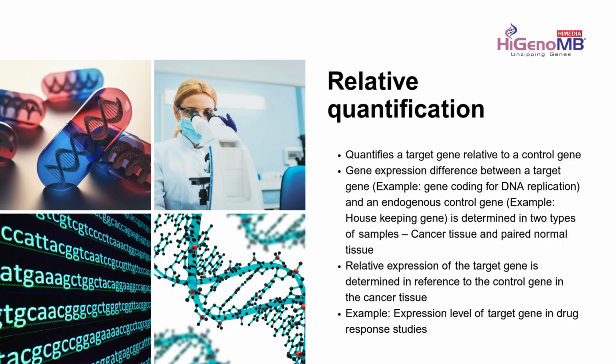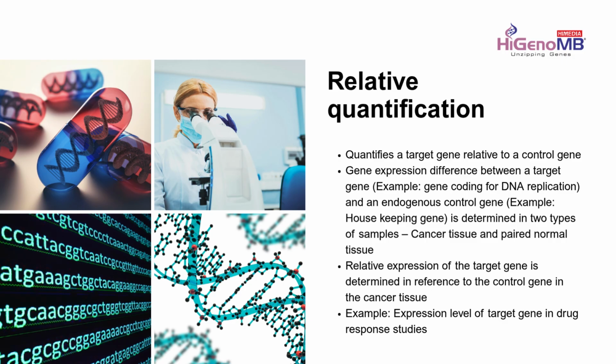Meaning, if you have a cancer tissue and a normal tissue, you want to study the expression of a particular gene of interest, a particular gene expression difference between cancer tissue and a normal tissue. To study that, I am going to select a control gene. With reference to this control gene, I will study the target gene.